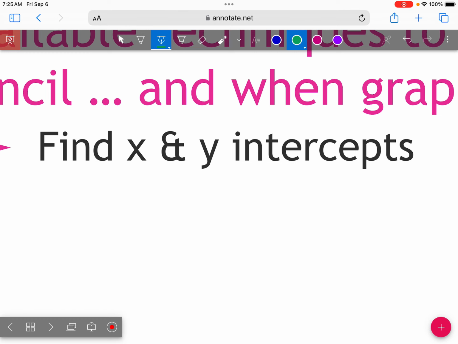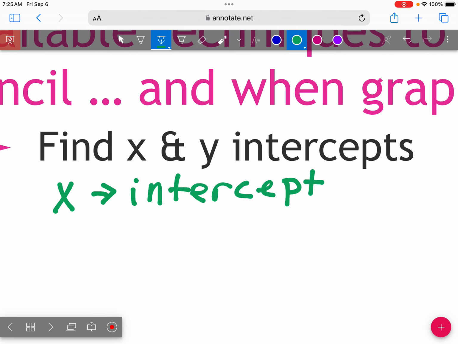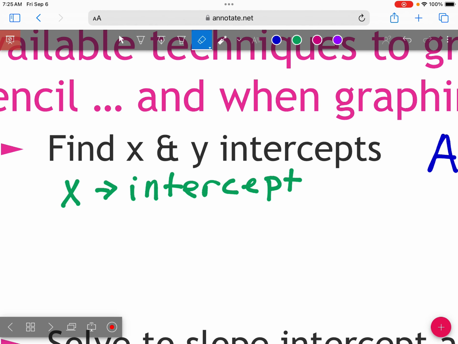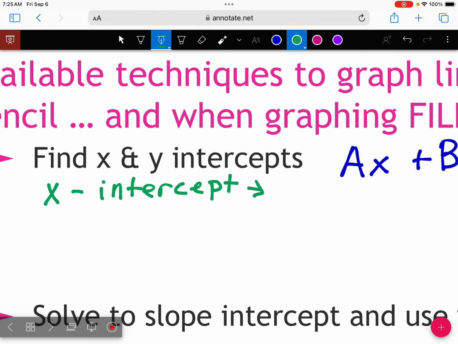And to find my x-intercept, remind me, what is our x-intercept? Where is it? It's on our horizontal line, right? It's where it crosses our x-axis.